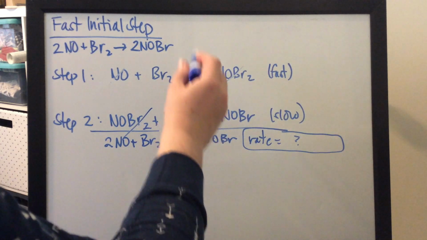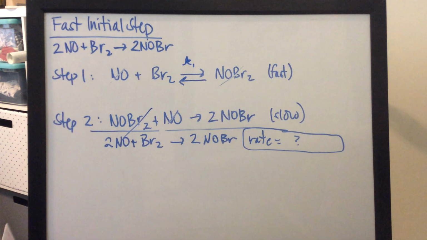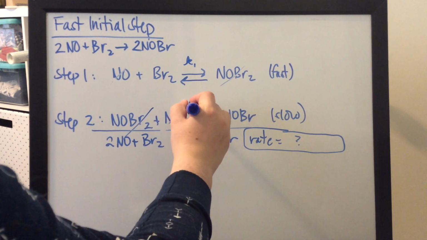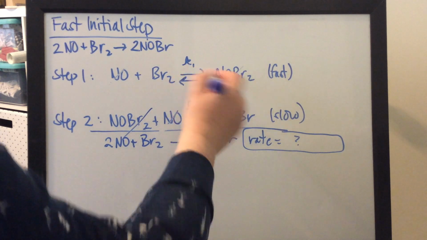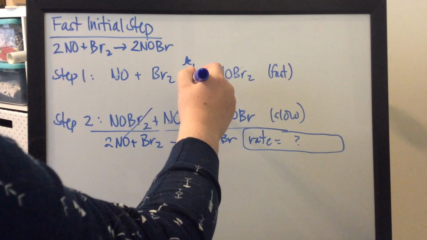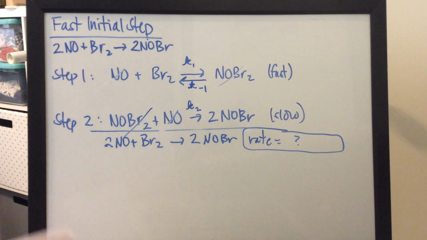So we're going to label a couple things. We're going to label this top arrow as K1. That's the rate constant of step 1. This one's going to be K2. It's the rate constant of step 2. And then I'm going to label this going the opposite way as K-1, only to mean reverse. And that's how your book does it too if you were to look this up in a textbook.